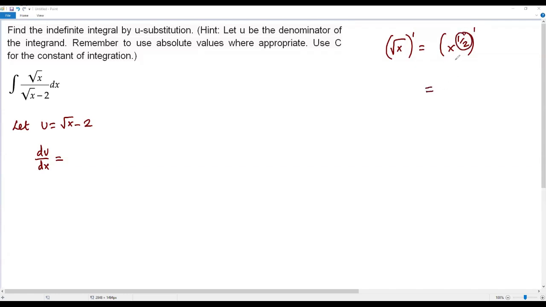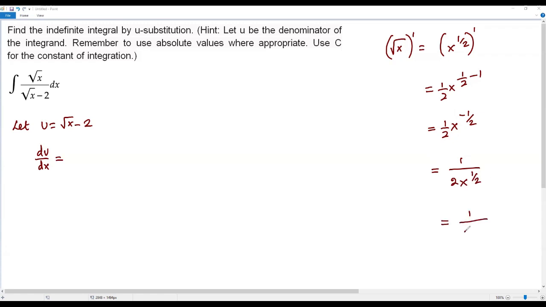I have to bring this exponent in front of the variable and subtract 1 from the exponent. Then I'm getting 1/2 times x to the power of 1/2 - 1. Let me continue: 1 over 2 times x to the power of, when I simplify this one, I'm getting -1/2. Now to make this negative exponent positive, I have to move this term to the denominator. When I do so, I'm getting 1 over 2 times x to the power of positive 1/2.